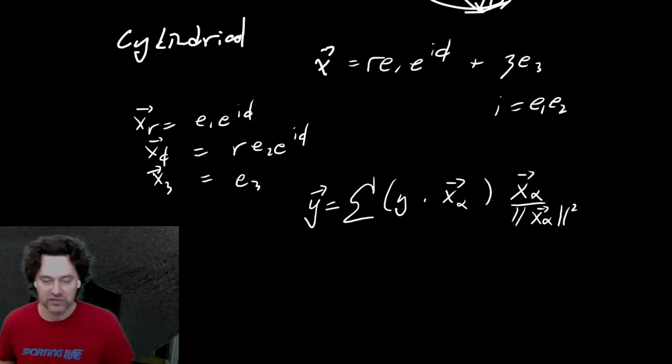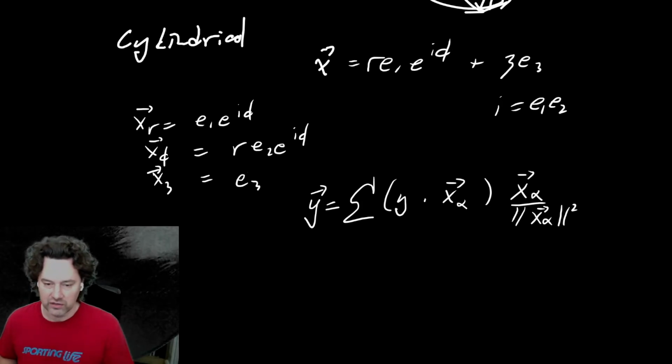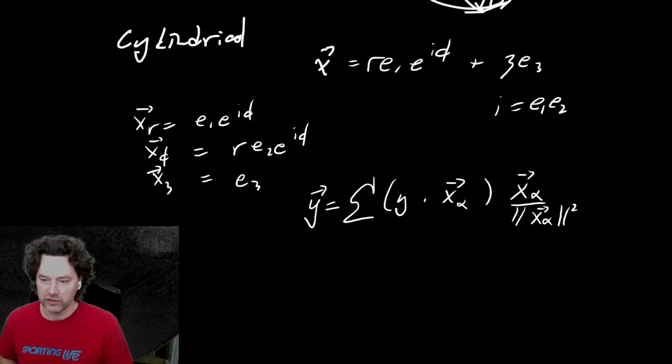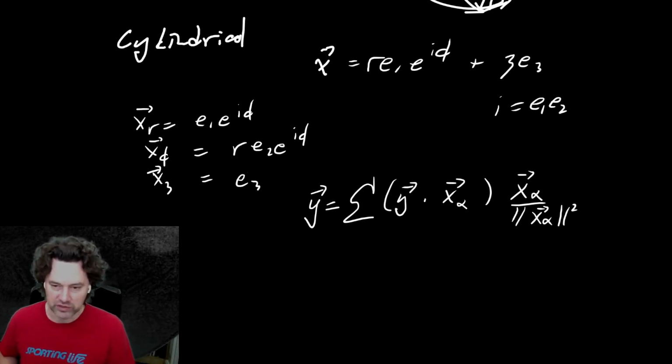So there's a generalization for orthogonal vectors that are not unit vectors, and we can do that fairly simply.